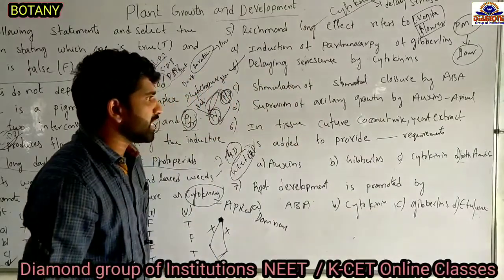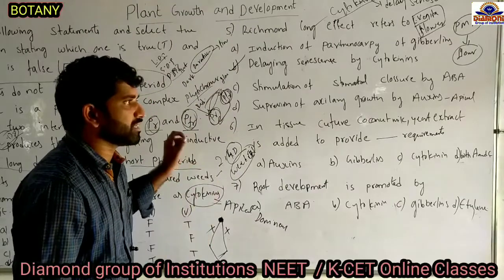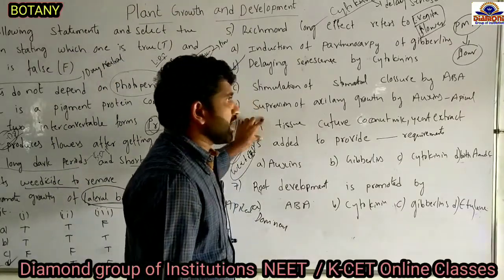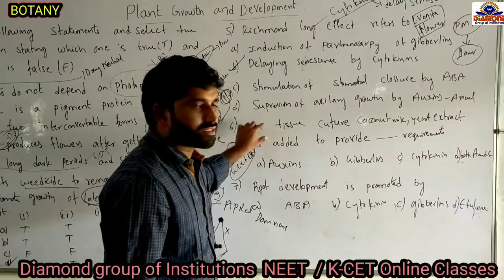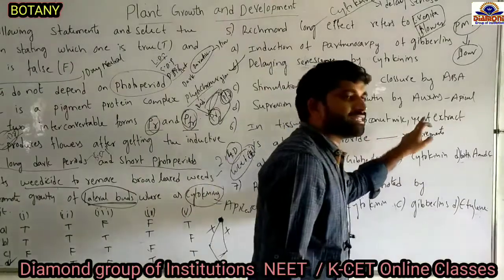So we are going to do the tissue culture experiment. Miller and Skoog, these two scientists, did the experiment by taking callus culture and also internodes of tobacco. Further, they added coconut milk and yeast extract.